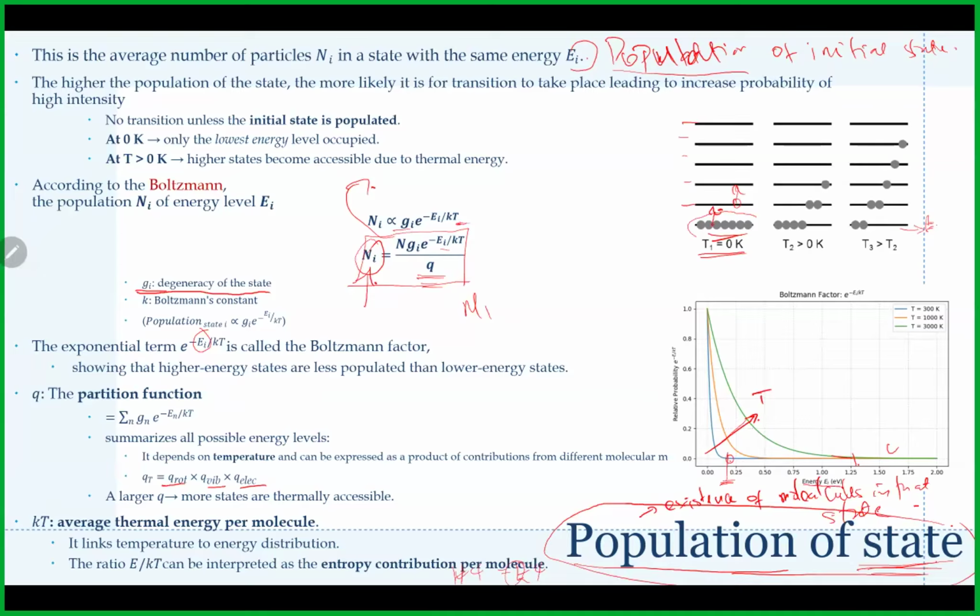The higher the energy, the less likelihood that the state will be populated, but the higher the temperature, then more molecules move to higher states, simply because you have increased thermal energy. And this is explained with our Boltzmann factor. Okay, moving on.